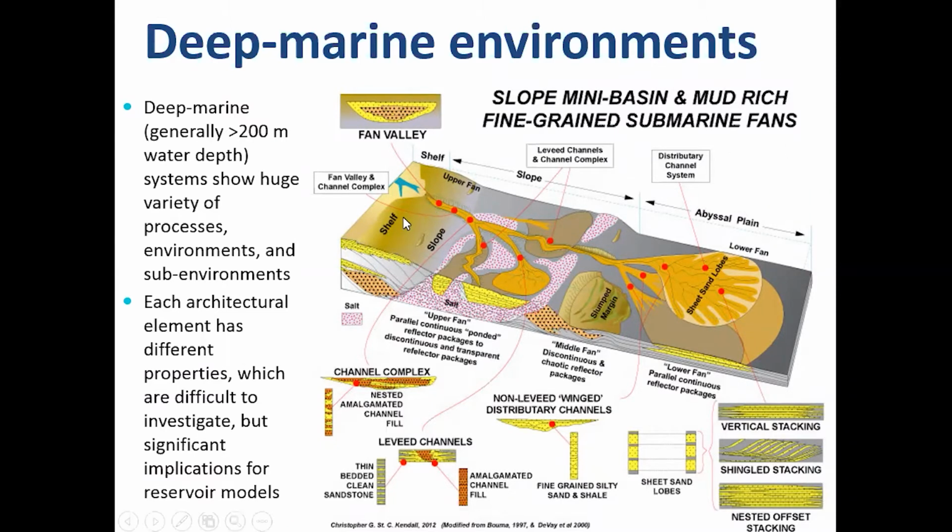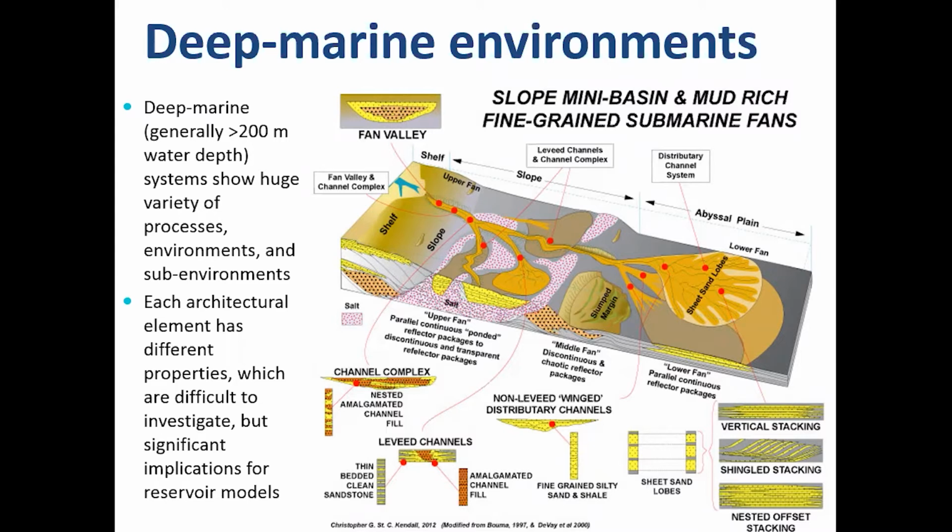So once we're off the continental shelf into the slope and abyssal plain type environments, we have a huge variety of sedimentary processes that occur in this setting, and also a large range of depositional environments and sub-environments, which we can relate to architectural elements that we might hope to recognize either at outcrop or in the subsurface.